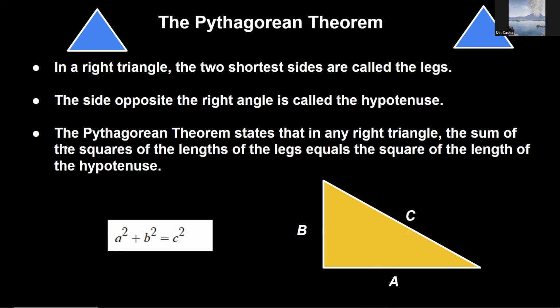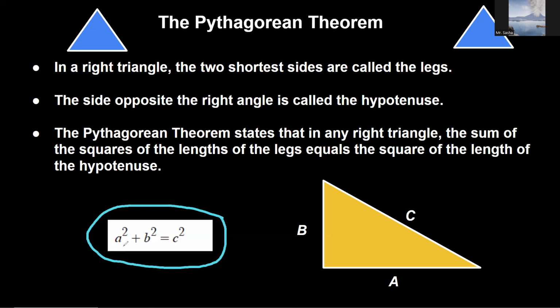Okay, now here. So it says the Pythagorean theorem states that in any right triangle, the sum of the squares of the lengths of the legs equals the square of the length of the hypotenuse. And I just want to show you guys that over here is an equation.